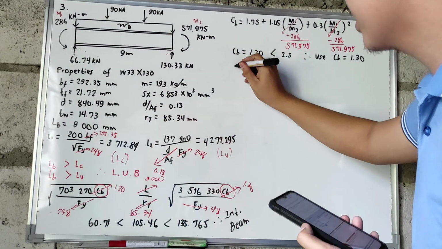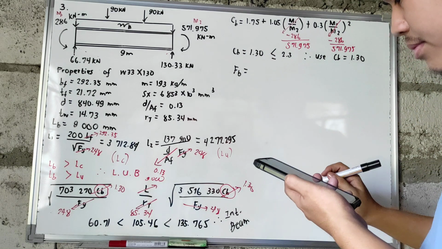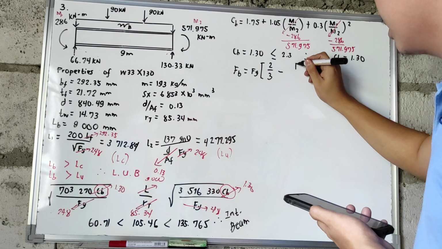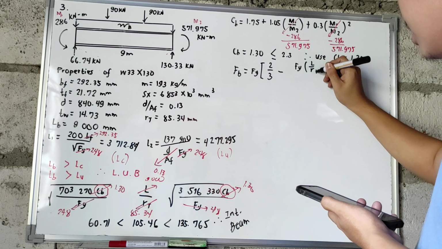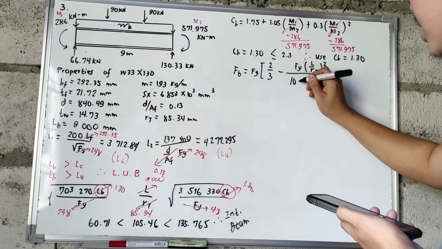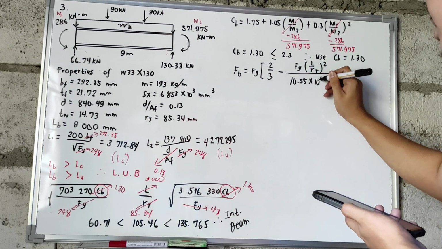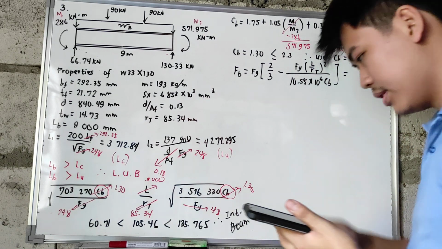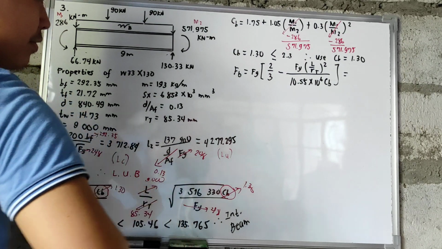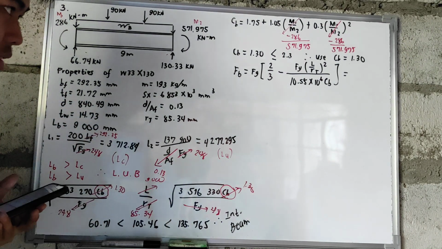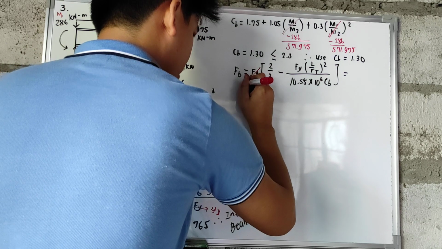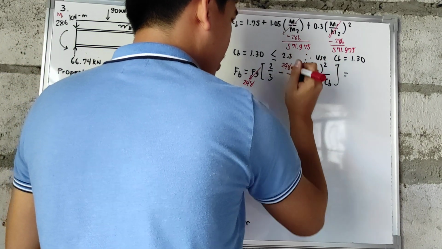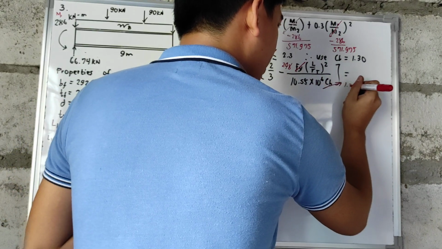Unang-una, F sub B is equal to Fy, so third, minus Fy L over R sub T squared all over 10.55 times 10 raised to 6 CV. So, yung value ng Fy natin is 248. Yung CB natin, that is equal to 1.30.